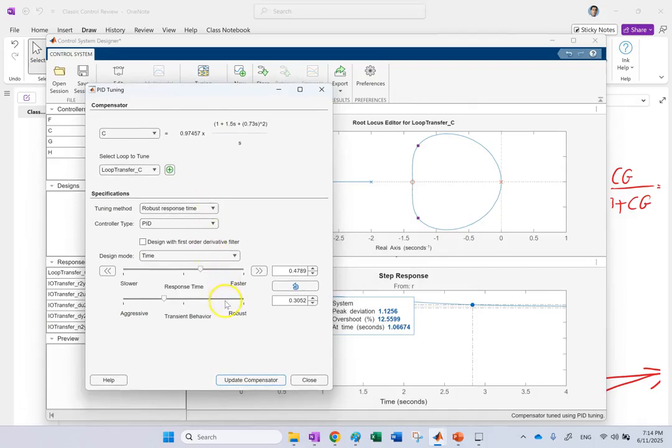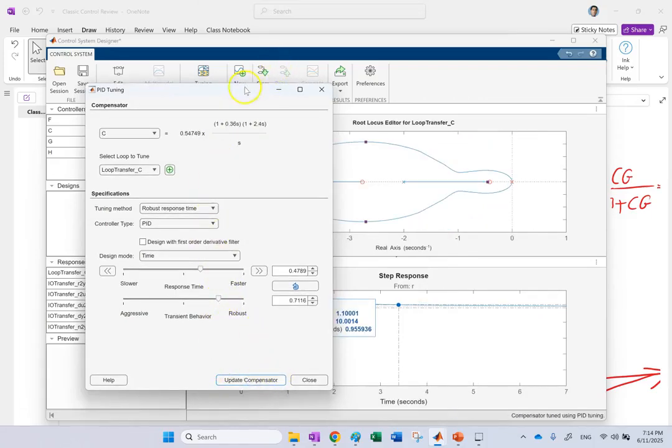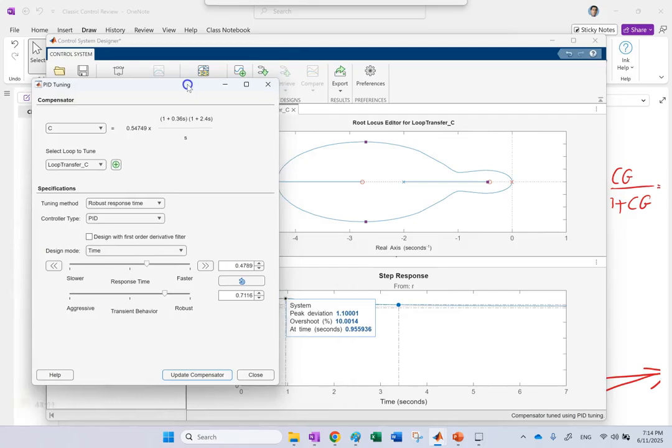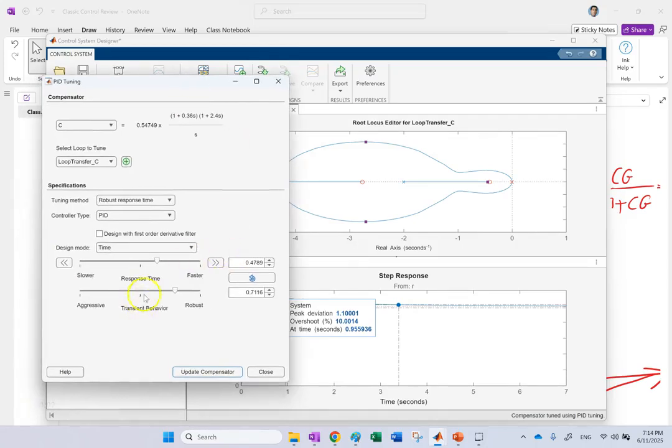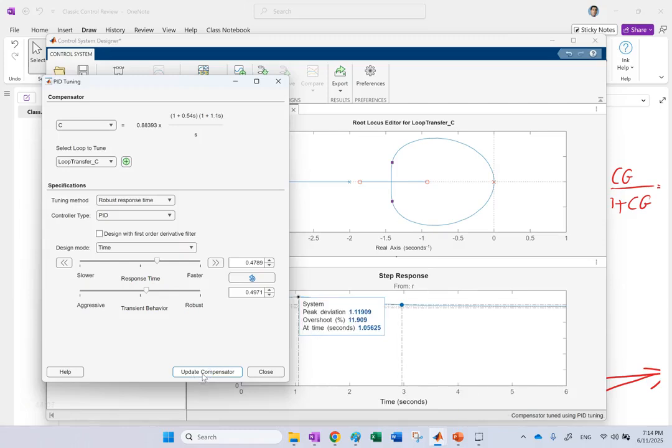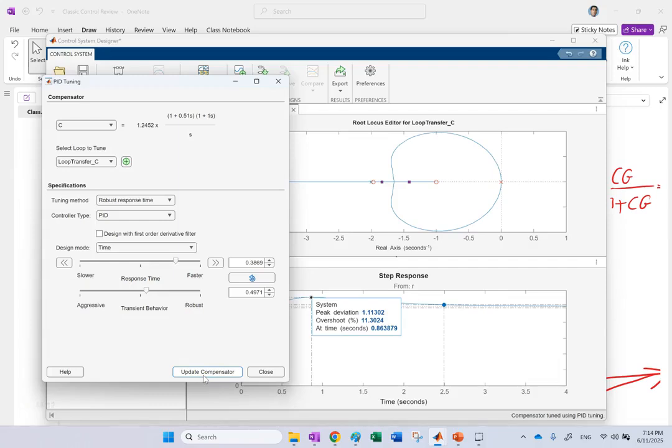Settling time is bad, so we need to go to the robust side. Still, my overshoot is not good. Maybe I should bring it back here. Make this faster. Okay, now it's even below 1 second. Okay, so this is my current PID controller.